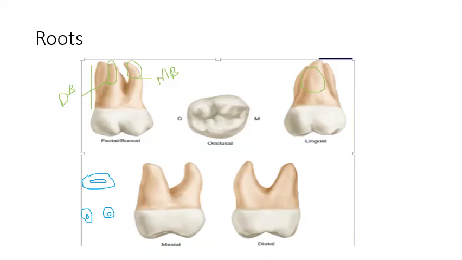Okay, and there is nothing more in the root section of this maxillary second molar. I hope you guys understand it. Now in the anomalies, there are variations such as three cuspal type, cuspal variation, and root variation can be present.